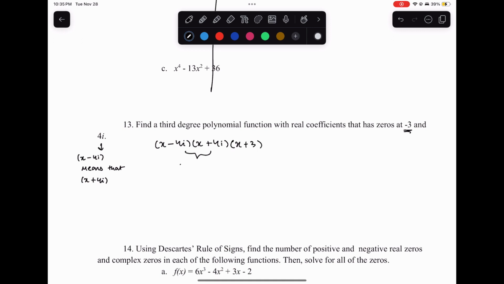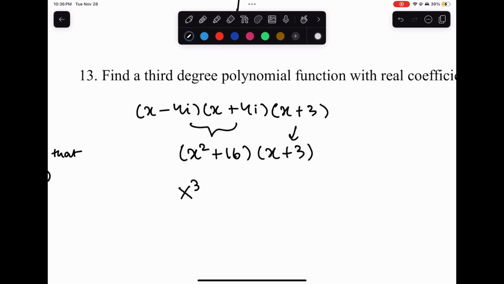Then you multiply x squared plus 16 by x plus 3, and you get our lovely third degree polynomial. So that's our polynomial.